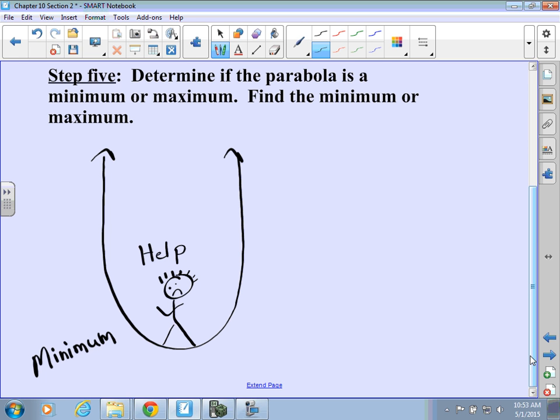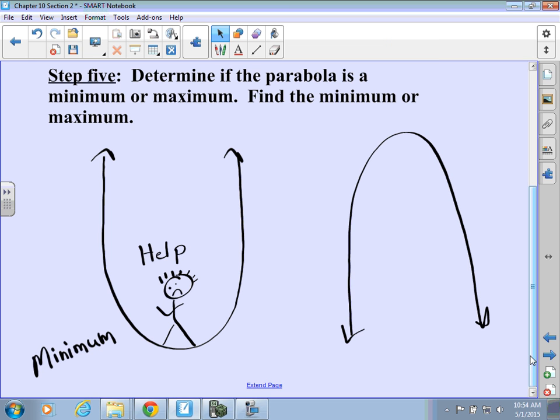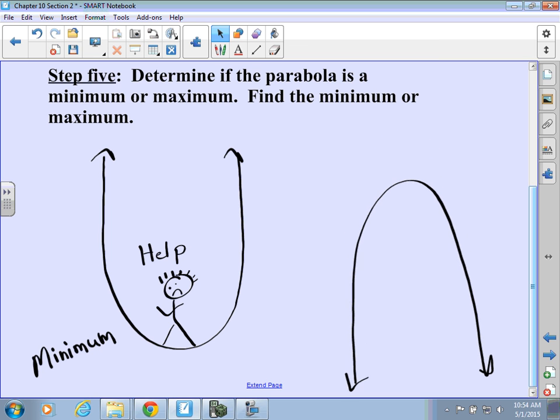I have really pretty hair, and I have my crown because I'm amazing. So if I'm on the top of my mountain, can I go any higher? I can't. And so this is called a maximum.